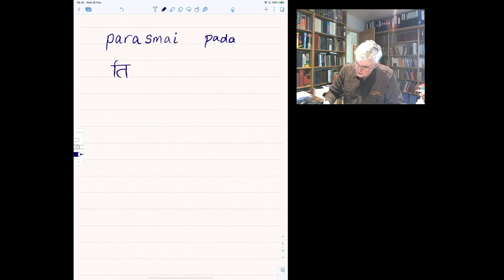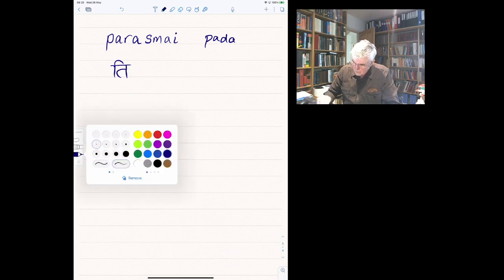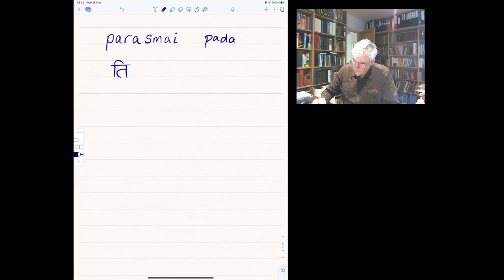This again is an example of the vowel sign for the i coming before the letter, because this is the letter ta on its own. It's a ta, that's just with the virama, just a t on its own. So this vowel sign coming in front of it. Right, that's ti right underneath.